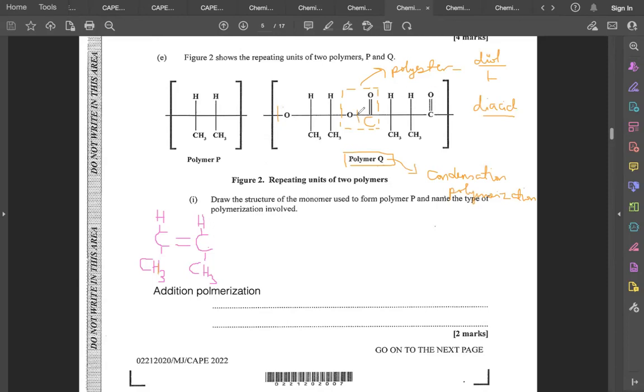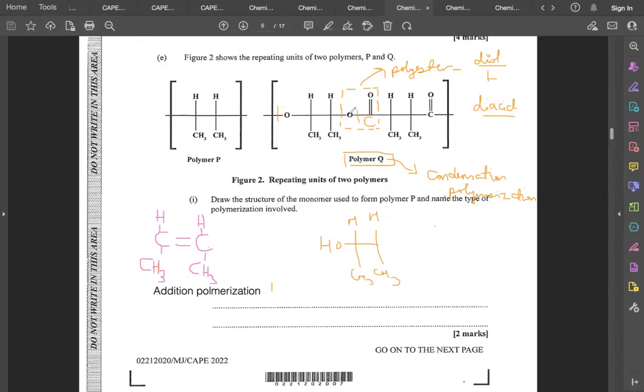So I'll just break it here, and I'd have H, O, CH2, and then this, CH2 again.